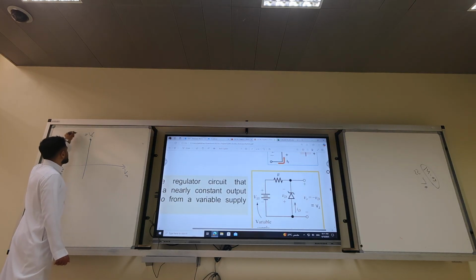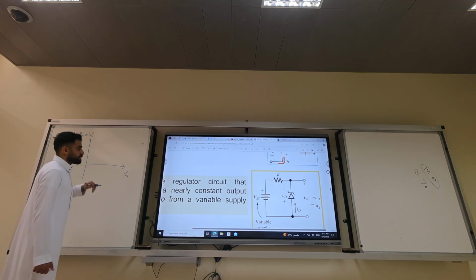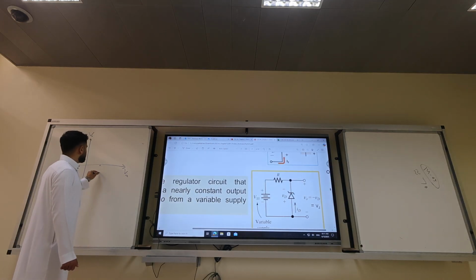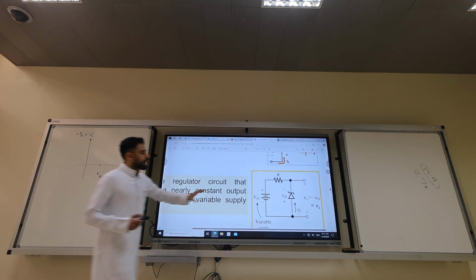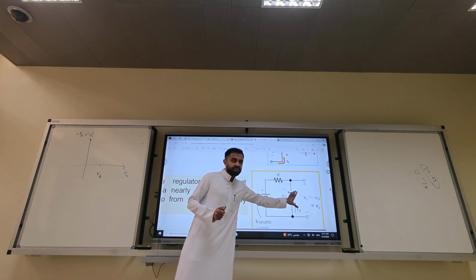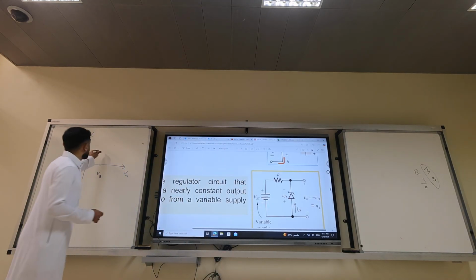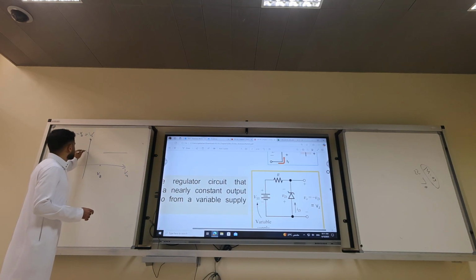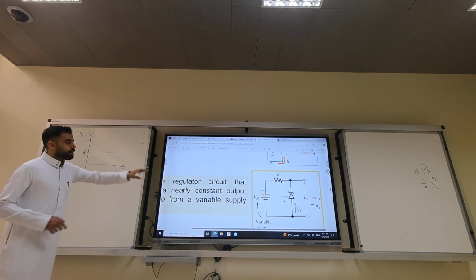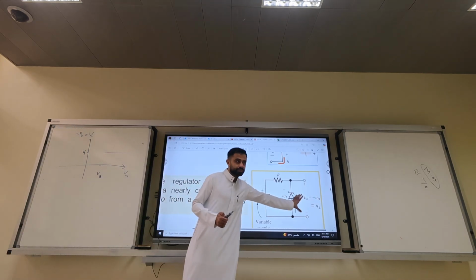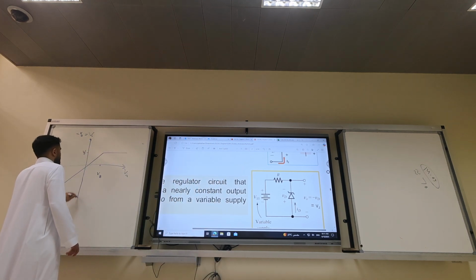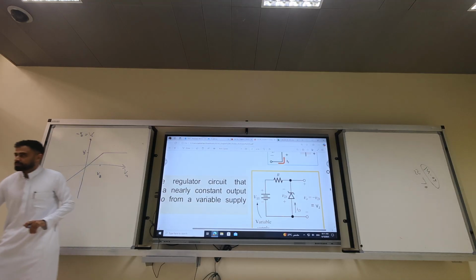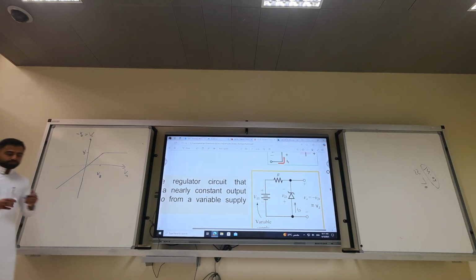V output is -VZ. If you apply anything above VZ, the output will be VZ. If you apply anything below VZ, the output will match the input. Get it? Does it make sense?